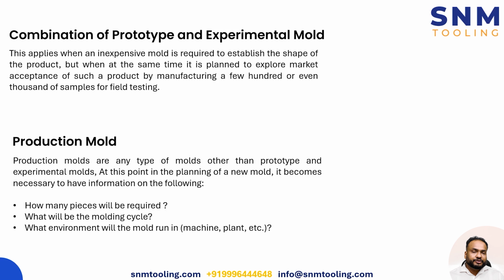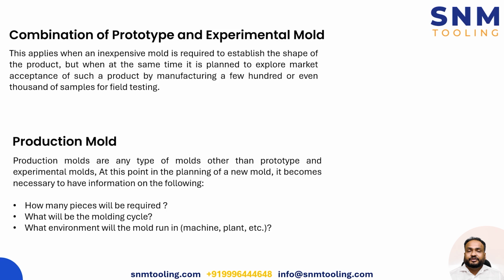So for that, we use a combination mold, which also helps us establish how a product would look or appeal to the eye or touch, or how well it will work, and if it meets the strength and durability requirements, as well as see if it's going to be accepted in the market, rather than directly leaping to the full-fledged production mold, which might be a reason for incurring losses.